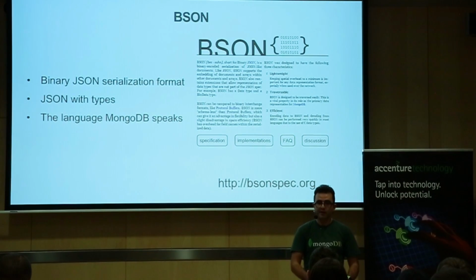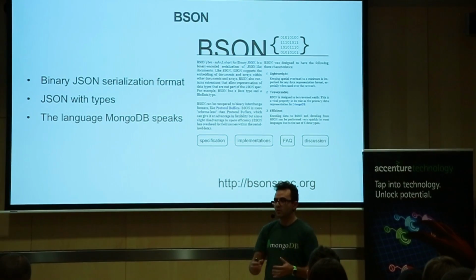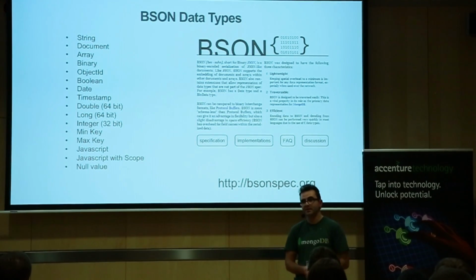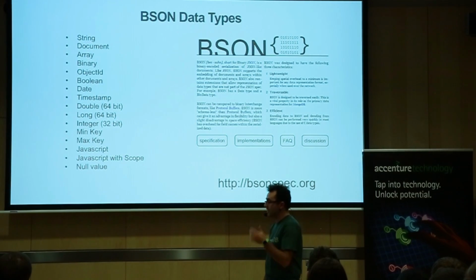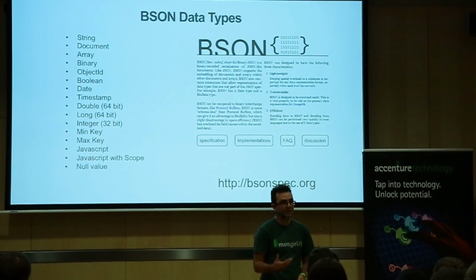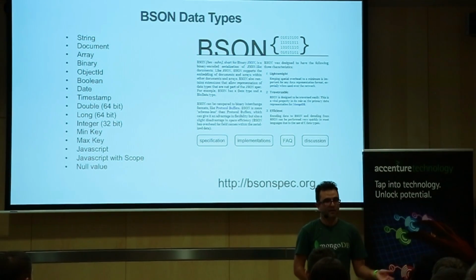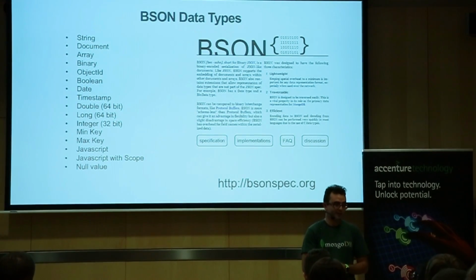Under the covers, and to abstract you from dealing with the actual type coding and the formatting and serialization to BSON, we'll give you a driver that does that heavy lifting for you. And in BSON you have numerous data types, from null value to max key, min key, double, long, timestamp, you name it. You probably can do any kind of programming attribute or any kind of data type that you're already using in your Java language or in your Python or in your JavaScript with that type of serialization and data typing.